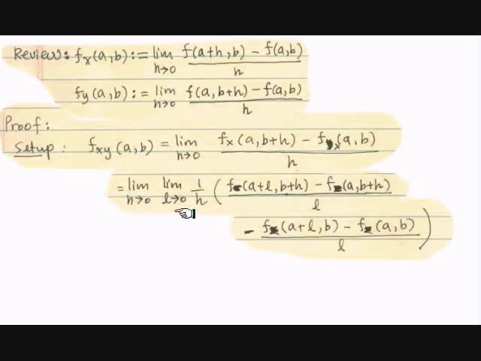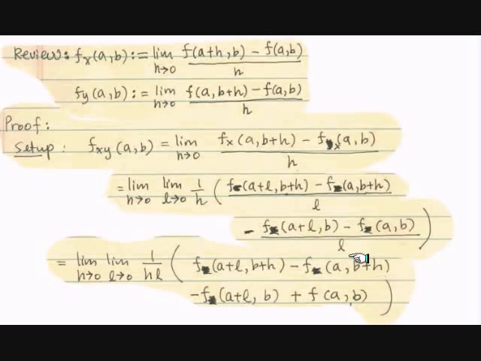So using the limit notation, we can unfold this f_xy(a, b) down to this shape. In this part, I have the common denominator l factored out and organized, distributing this negative here, so you see the negative and then positive there. So these are the four terms inside, with a limit outside. Okay?